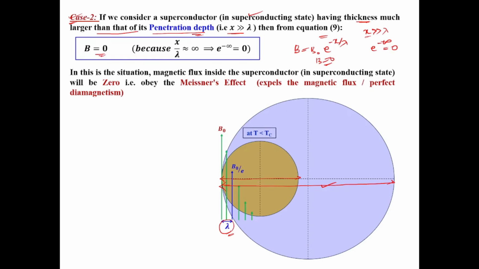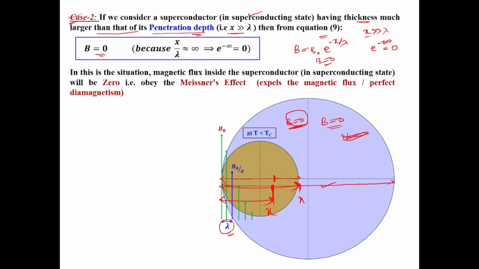Here you can see, suppose we consider this length from the edge, this is x. So at x distance we find B equal to 0. At this much distance B equal to 0, that means inside the superconductor there are no magnetic lines of force, magnetic flux equal to 0.